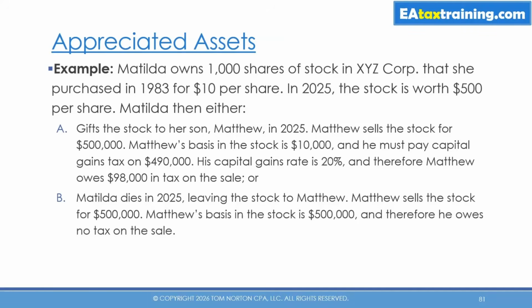His capital gains tax rate is 20%, and therefore he owes $98,000 in tax on the sale of that stock. Or B, Matilda dies in 2025, leaving the stock to Matthew. Matthew sells the stock for $500,000. Matthew's basis in the stock is $500,000, and therefore he owes no tax on the sale. So $98,000 saved because the stock was left as part of the estate rather than as a gift.